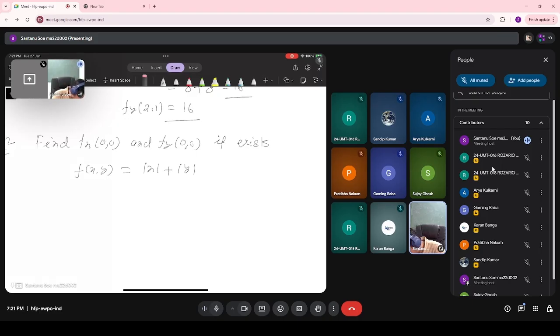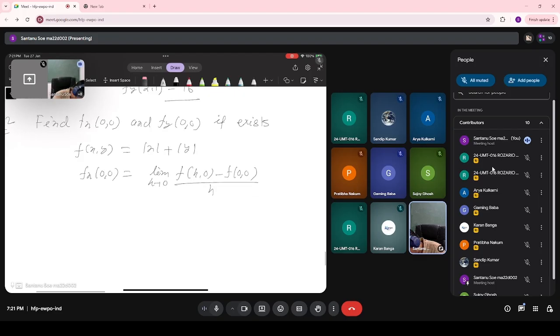So first, we're going to go with this definition. This is limit h tends to 0 of f of h comma 0 minus f of 0 comma 0 divided by h. Now what is f of h comma 0?